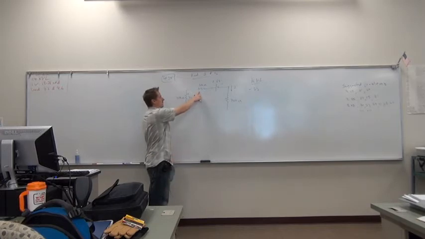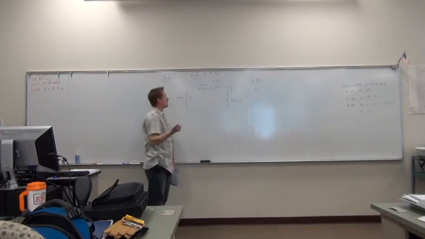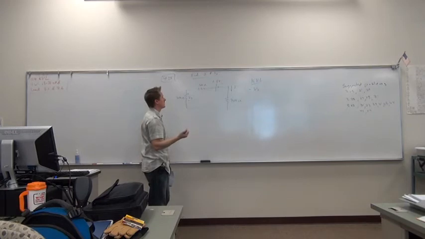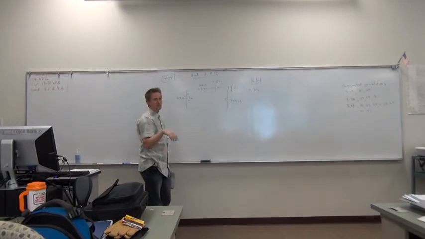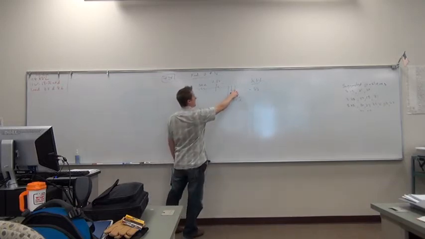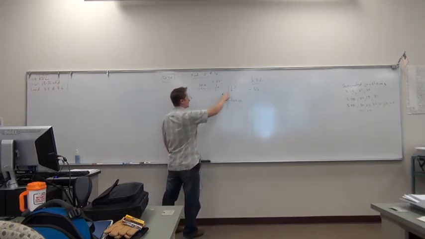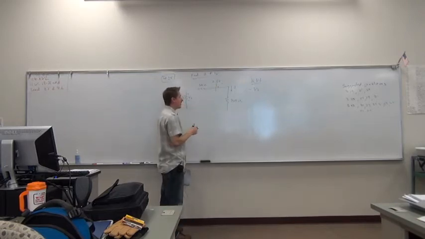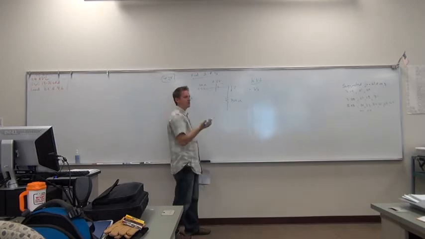What's the problem? Don't know the polarity. So I'm going to assign a polarity. What polarity am I going to use? Positive on the left, negative on the right. Well, in this case, we're saying I is going this direction, which I know is actually wrong because the current's coming this way. But in this case, it doesn't really matter.